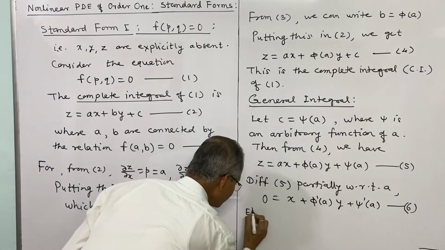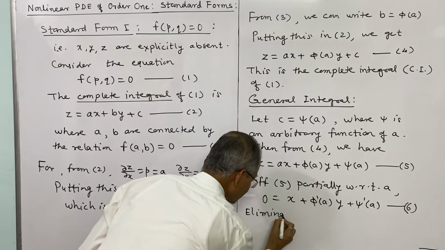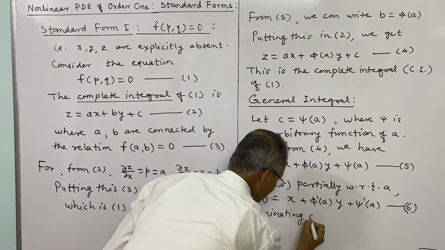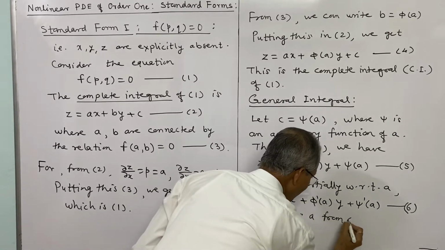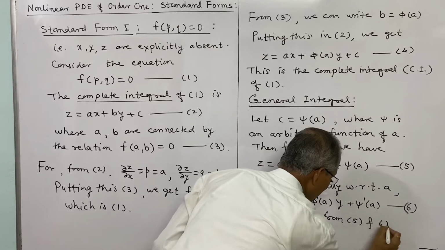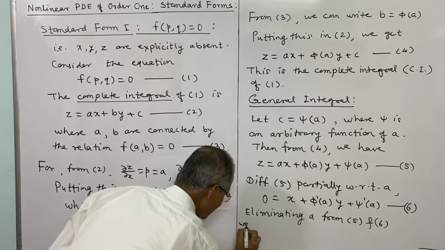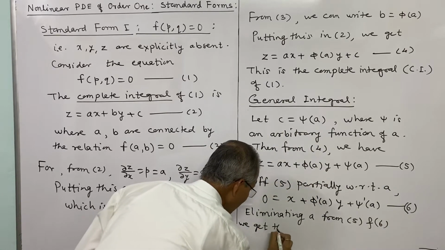Eliminating a between 5 and 6, we get the general solution.